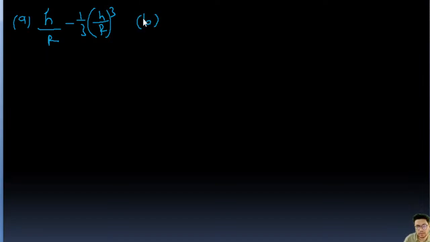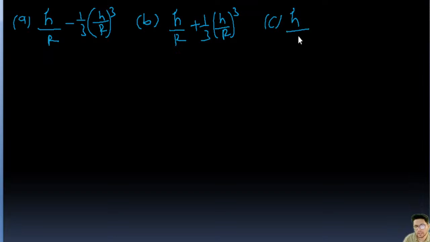Option B is h upon r plus 1 by 3 h upon r cube. Option C is h by r minus 2 by 3 h upon r cube.